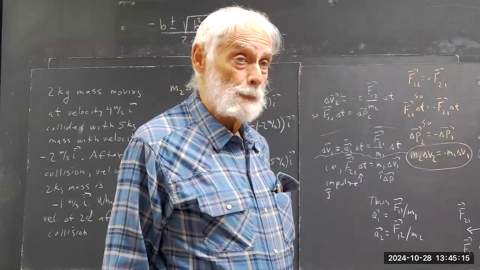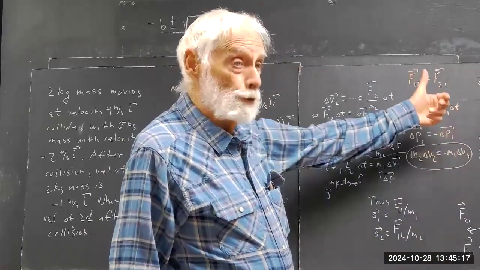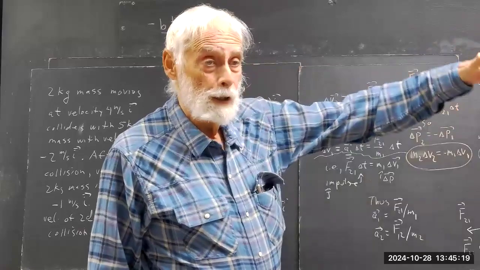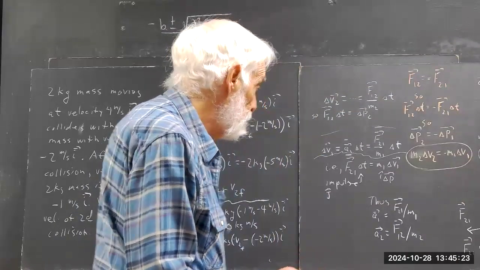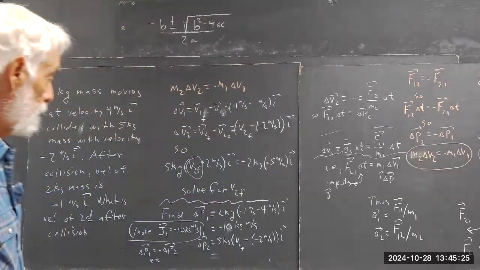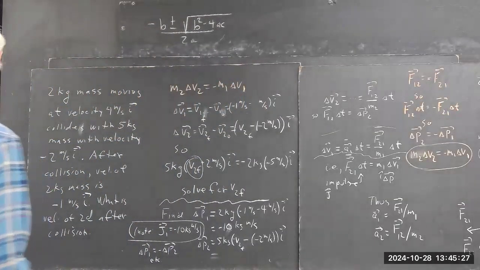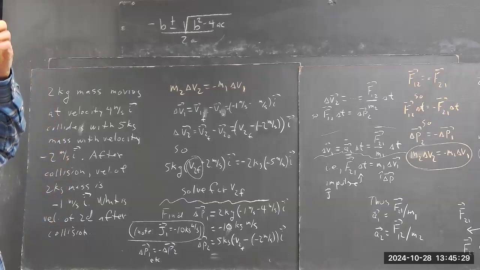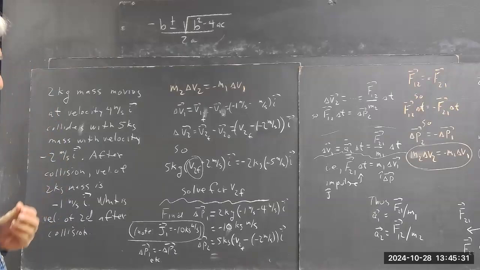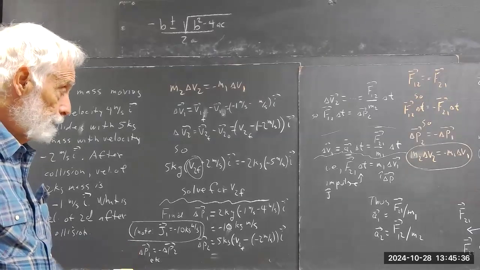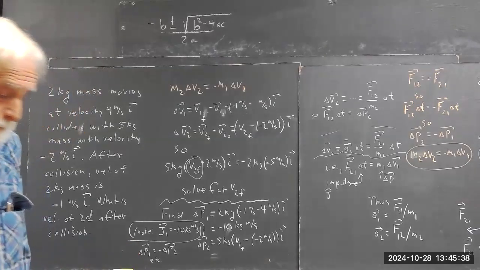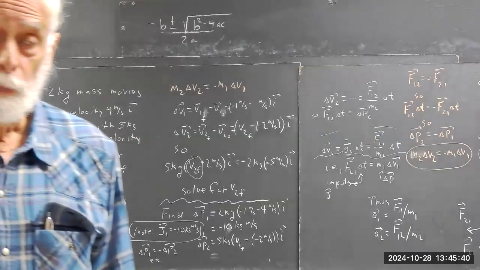Why are the changes in momentum equal and opposite? Because the forces are equal and opposite, and they apply for the same time. Now that's the fundamental idea, the whole idea of impulse momentum.